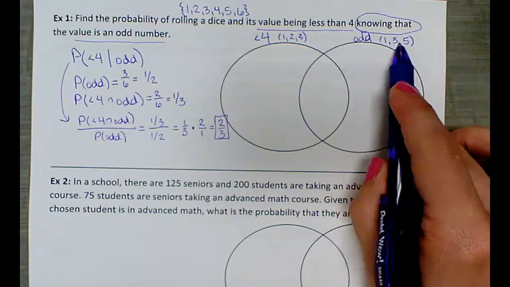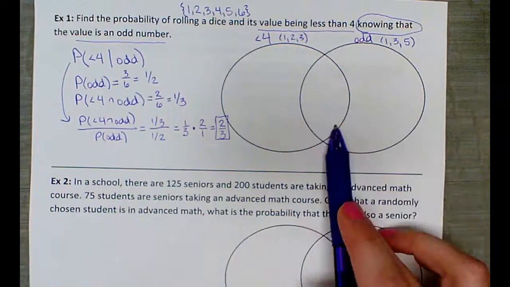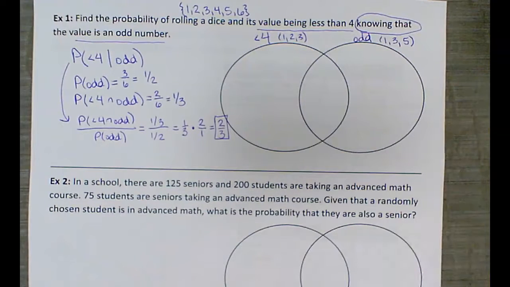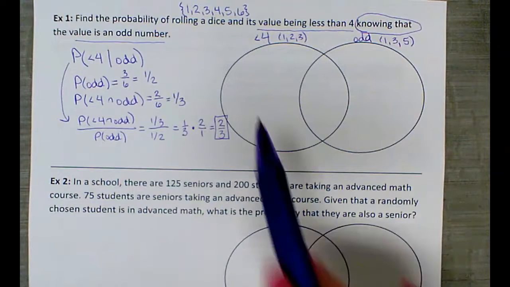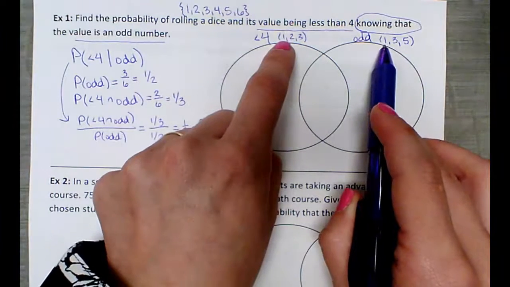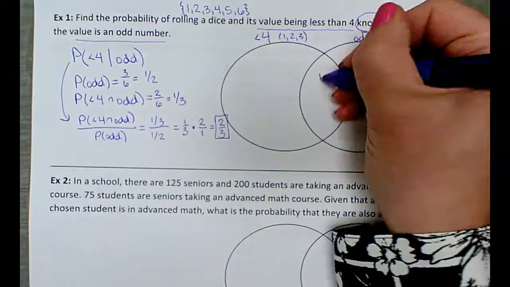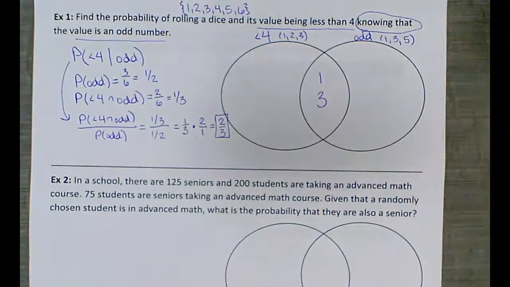Same thing here. All of the pieces that belong with this title go in this circle. However, the part that's in the middle is the part that overlaps. That part that overlaps is the numbers that are both less than 4 and odd. So I see that 1 is in both lists and 3 is in both lists. So 1 and 3 belong in that overlapping area.